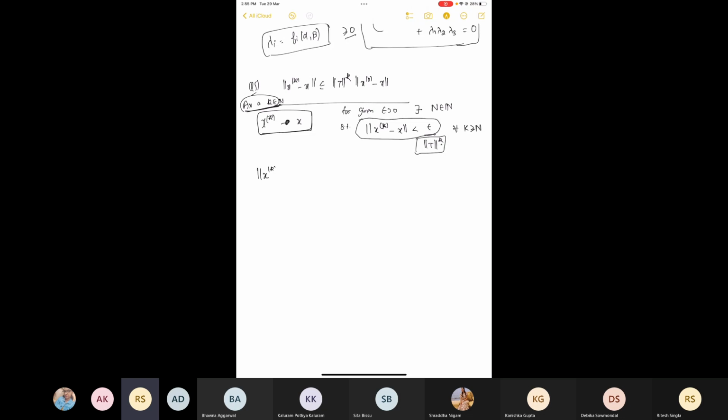Xk minus small x. From the first inequality we already have norm of Tk times norm of x0 minus x.